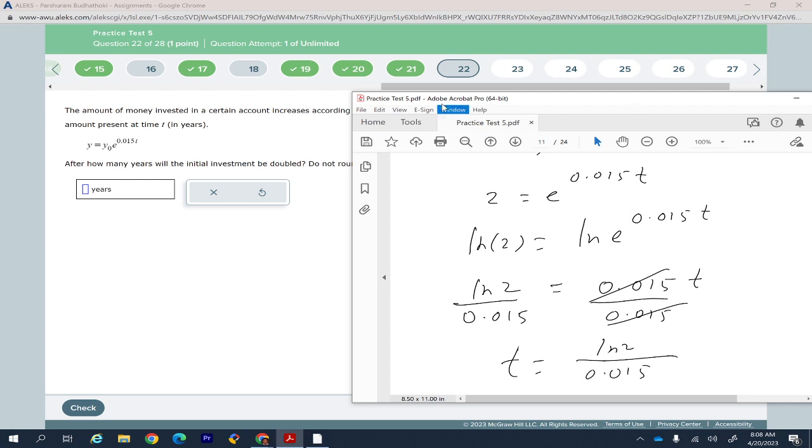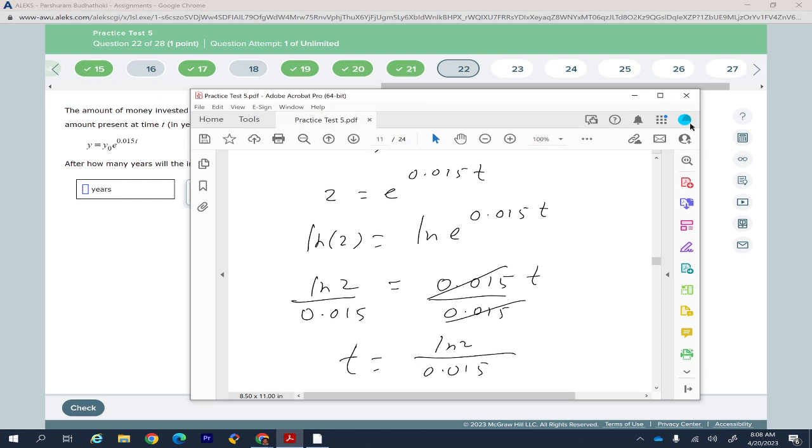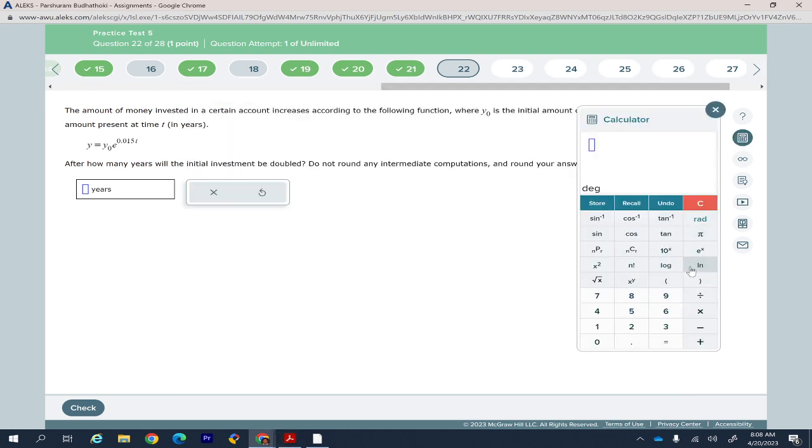So to find the answer, you have to use a calculator. ln2 divide by 0.015. Hit enter. That's the answer.